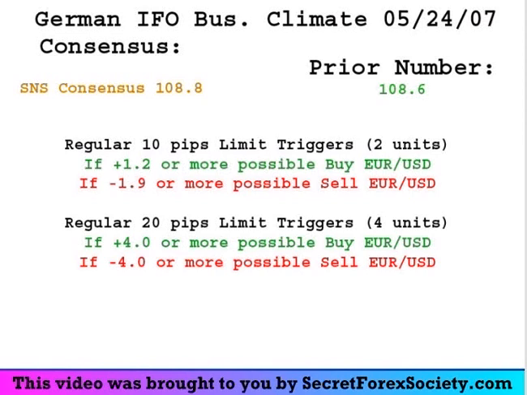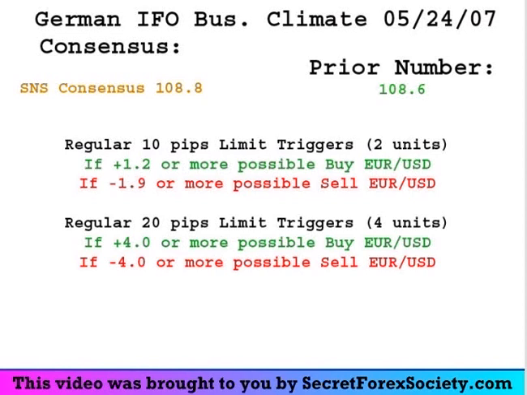Now, under normal circumstances, we really do not want any of these reports to conflict. But if it does so happen that they conflict, the biggest conflict could be if the business climate comes out better than expected, while the expectations come out worse.